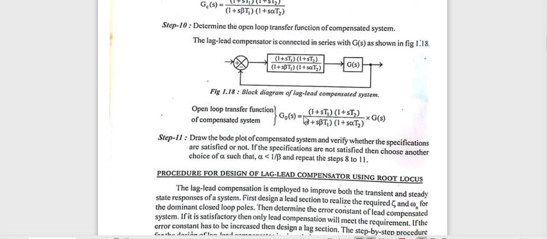So here we have got the transfer function of the compensated system, G naught of S. Next we need to find the phase margin of the compensated system. The phase margin of the compensated system is gamma naught equals 180 plus phi GC naught.